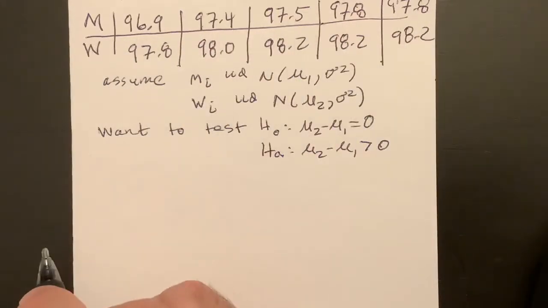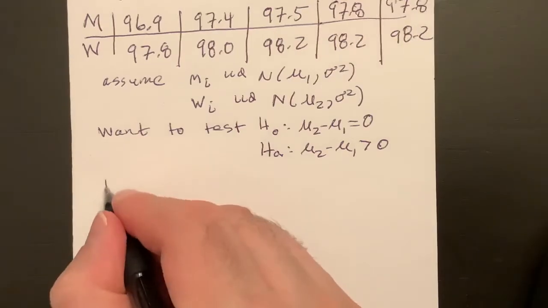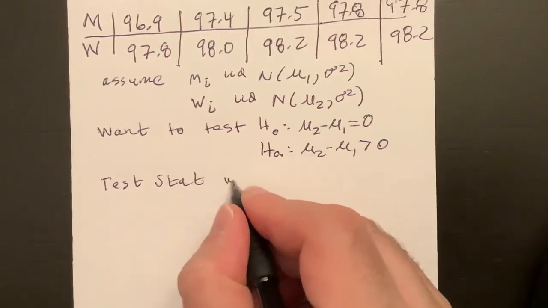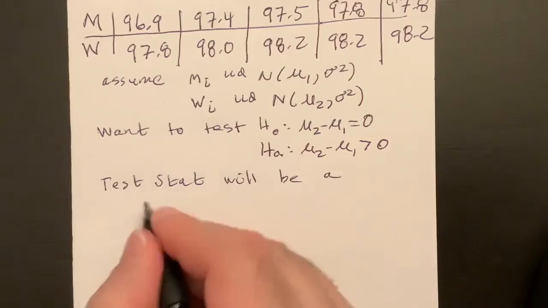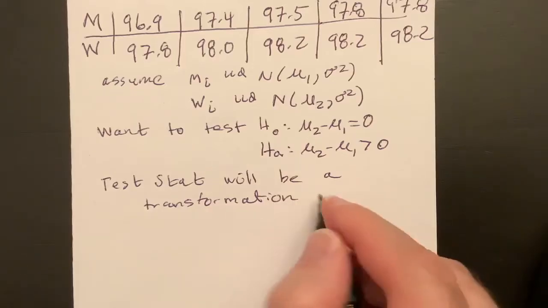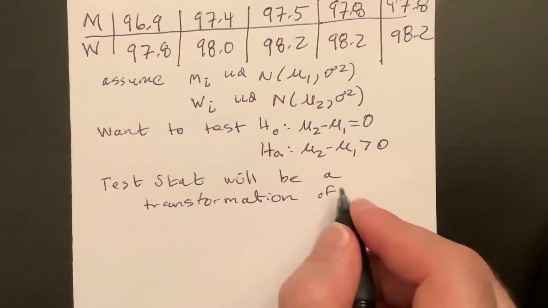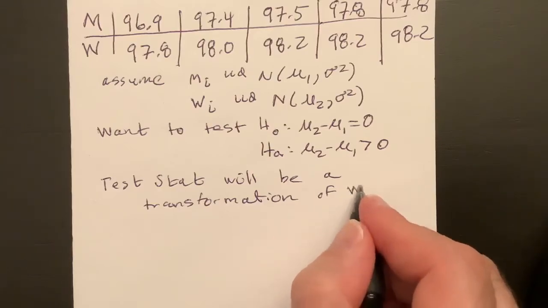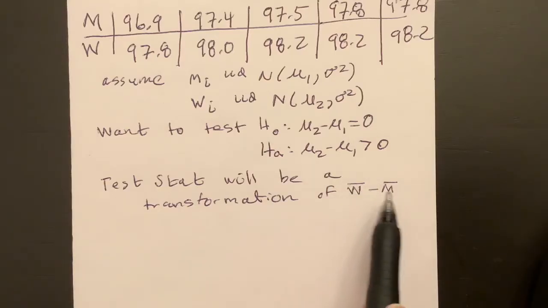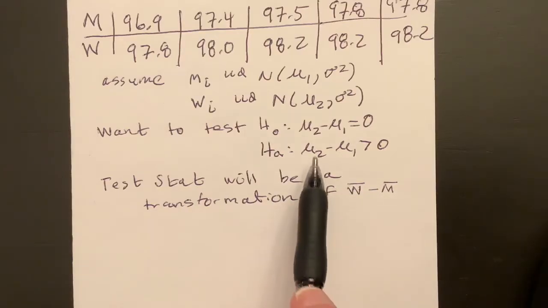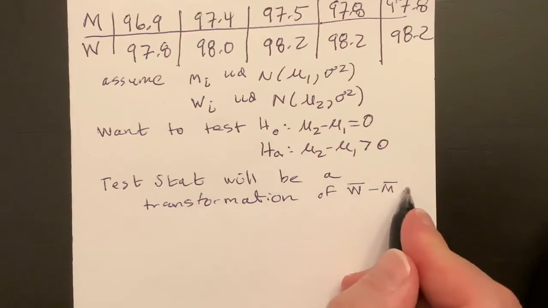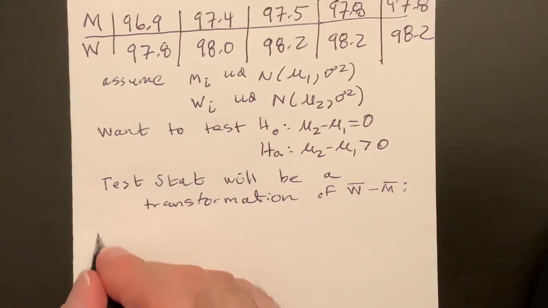So our test stat will be a t variable again, but it will be a transformation, really a centering, of, let's call it, W bar minus M bar, okay? So if this is significantly big, then I will assume mu2 minus mu1 is greater than 0, okay? So it will be a transformation of this, just because it makes it a little nicer.